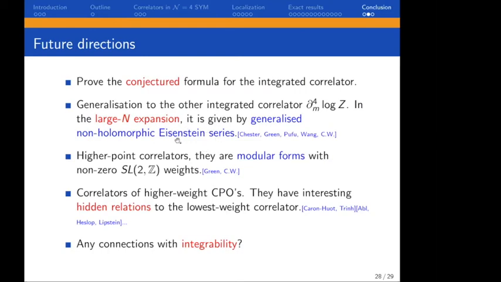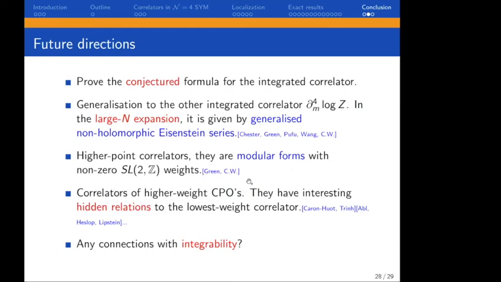Non-holomorphic Eisenstein series are called modular functions in the sense that they are invariant under SL(2,Z) transformation. Those objects which have a non-trivial U(1) charge transform non-trivially under SL(2,Z), and they are called modular forms. It would be very interesting to extend the story to those.